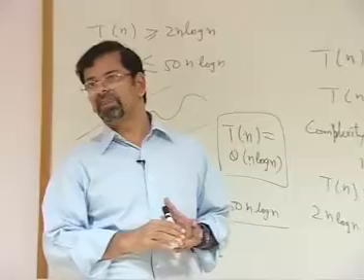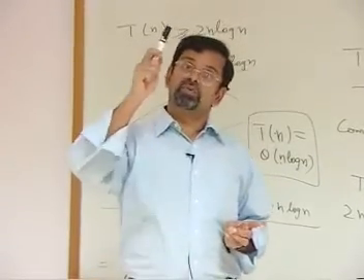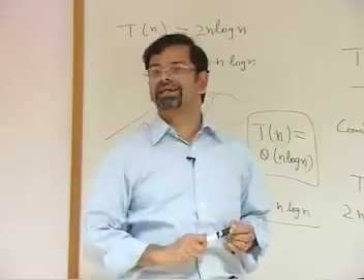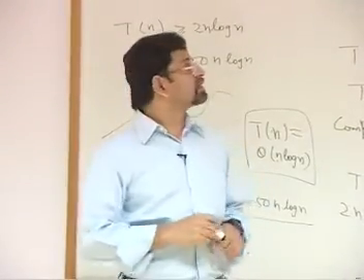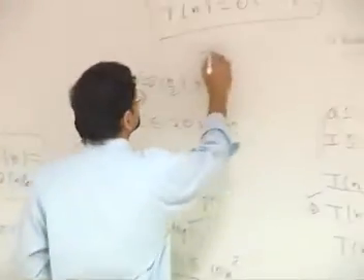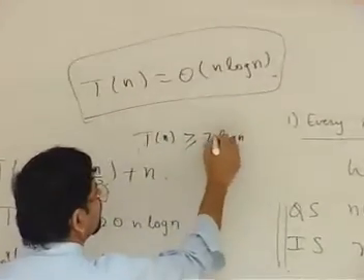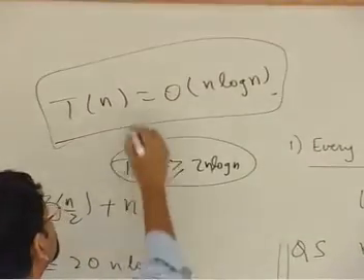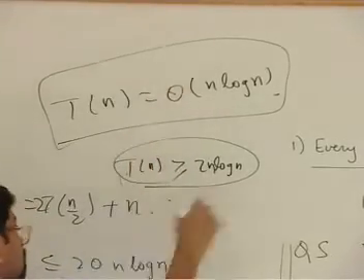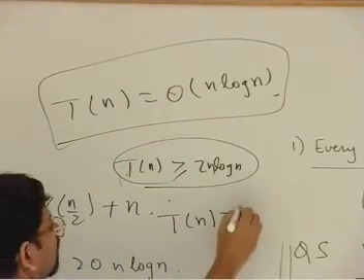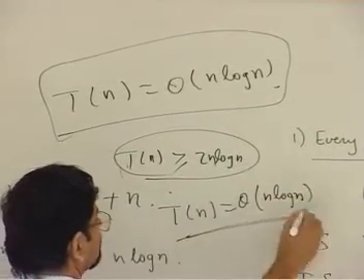And when do you say your analysis is tight? If you could also find an example of bad input such that T of n is greater than or equal to, let us say, 2n log n or something like that, then you can say this information and this information together imply T of n equals theta n log n.